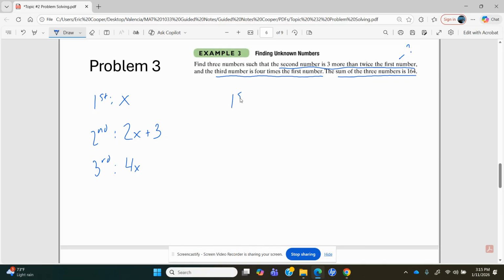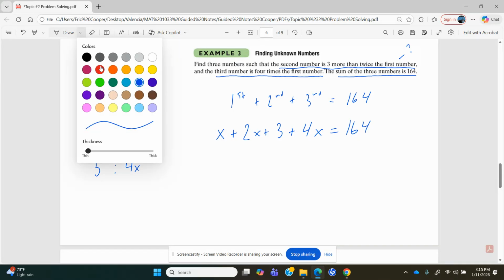So that means I should be able to take the first number plus the second number plus the third number, and it will equal 164. And now we have algebraic expressions that represent all of these. The first number is represented as X, the second number is represented as 2X plus 3, and the third number is represented as 4X. So that means all of that combined is equal to 164.